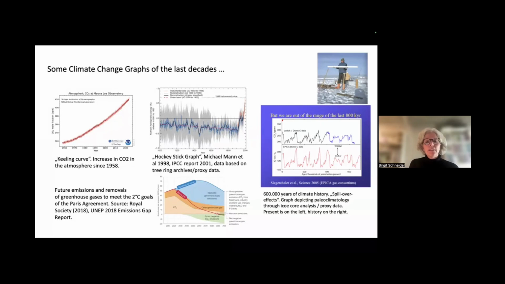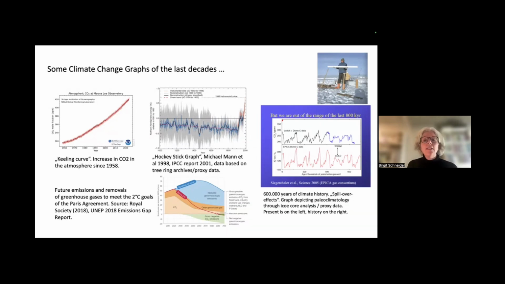And another graph which got a nickname, the hockey stick graph, by Michael Mann and his team from the year 1998. And here in the version of the Intergovernmental Panel on Climate Change report from 2001, this graph, the second graph in the middle, is based on data of tree ring archives.